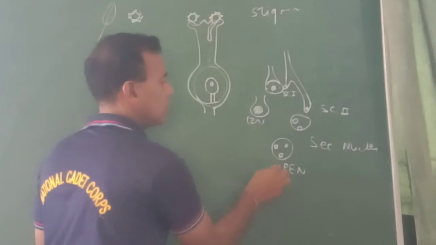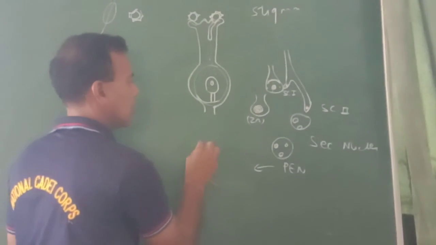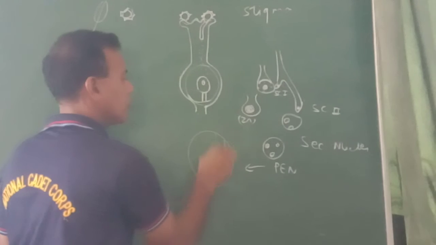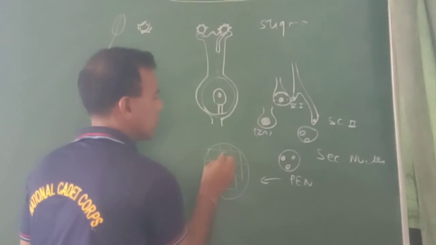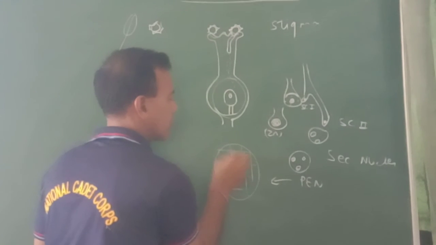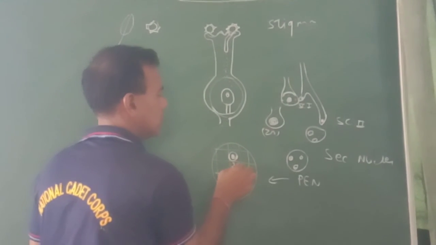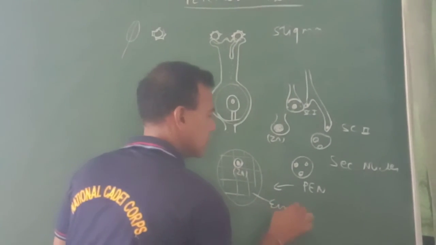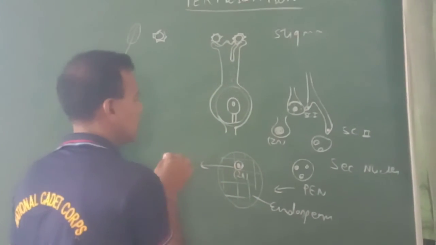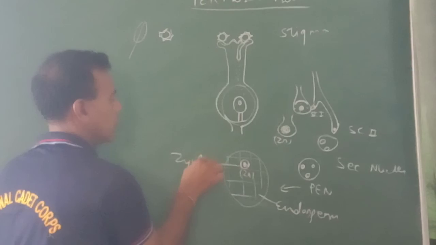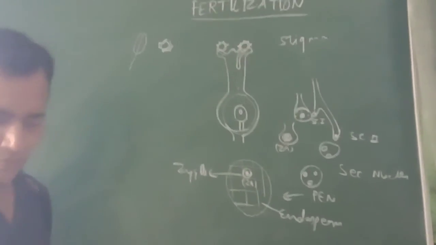This PEN then develops into the endosperm tissue, which provides nutrition to the developing embryo. This is now endosperm. This is zygote, which finally develops into the embryo.